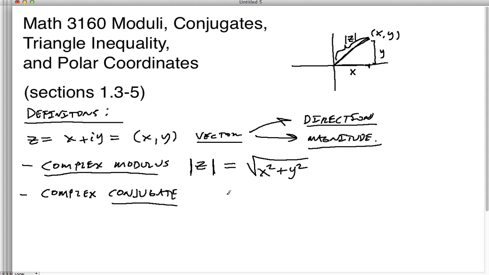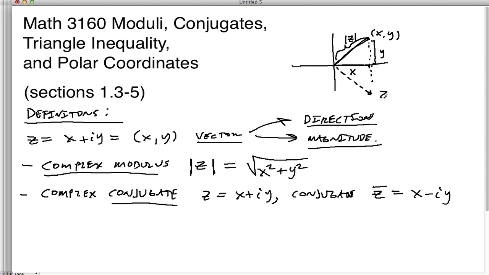So if z is equal to x plus iy, the conjugate is going to be, we call it z bar, and it's equal to x minus iy. I'll put a little dotted line there to highlight the difference, and I'm going to call that z bar. And that's the complex conjugate.